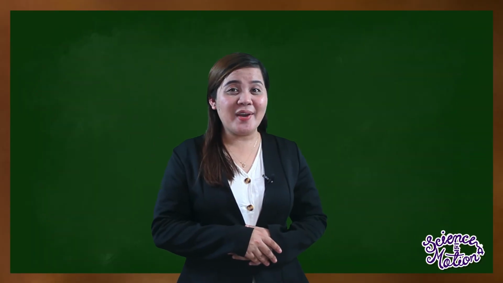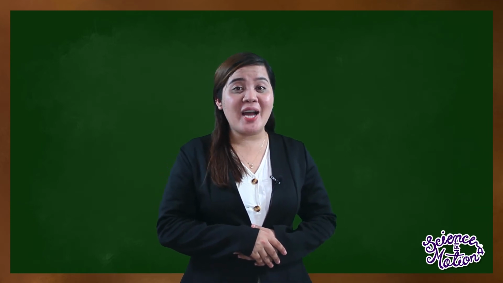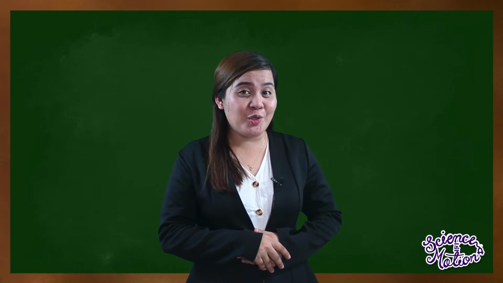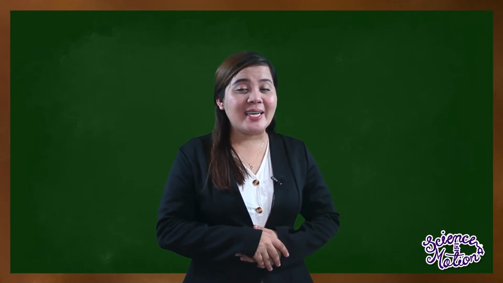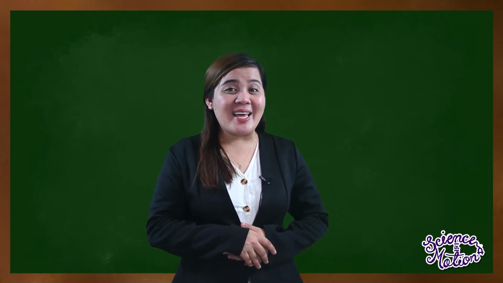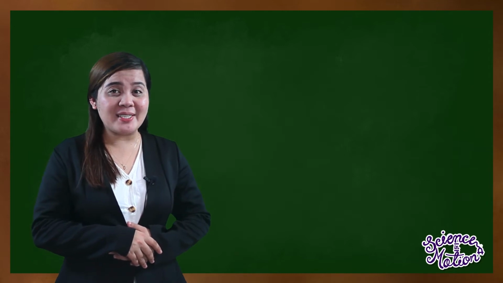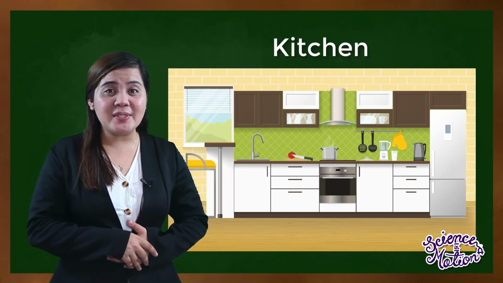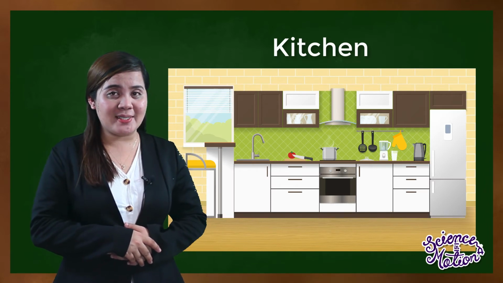From mixing toys, how about trying to mix different food items? Are you interested in cooking? How about in eating? Well, I bet you do. This time, we will try to identify different substances that we use in our own kitchen to make our favorite recipes.